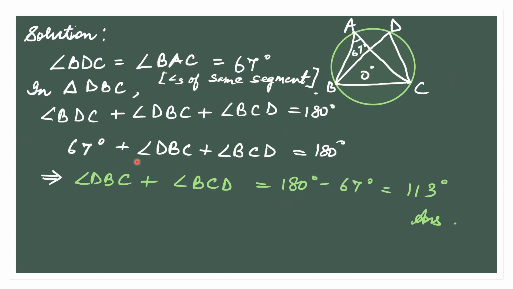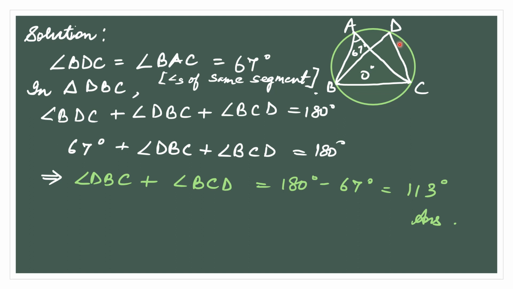See children how it is given: A, B, C, D, this is the circle. Again you see that this is the same segment, and this is also in the same segment. So this and this will be equal to 67 degree, right? BDC will also be equal to 67 degree, right?